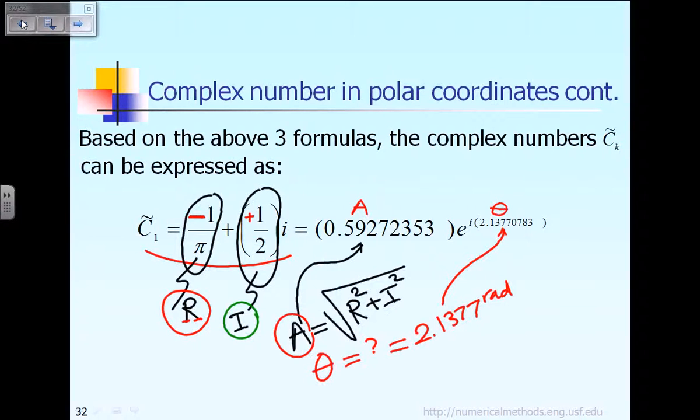And the value of theta is equal to 2.1377 radian. Now, this corresponds to one point related to figure 1a that I told you earlier, that I am supposed to explain to you figure 1a and figure 1b.